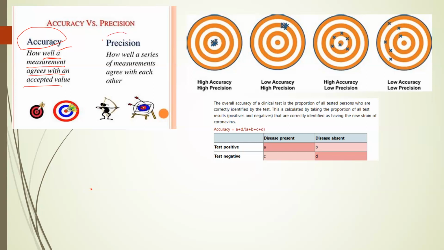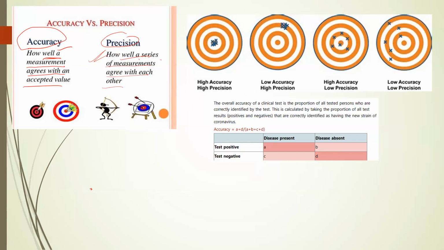And on the other hand, for precision, you need a series of measurements. So you're seeing how well a series of measurements agree with each other. In other words, for accuracy, you're testing only one particular measurement and you're seeing how close it is to the accepted value or the accepted range.